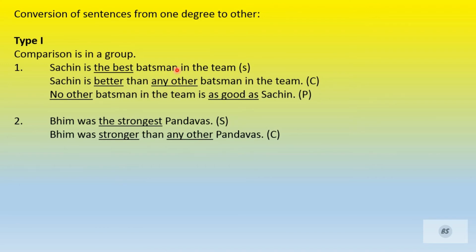Same way as we did here. What I added is any other, so that I compare with one person. Positive degree will be: No other Pandava was as strong as Bhim. Strong, stronger, strongest. I changed the adjective, and also these words, so that the meaning does not change. So these changes you have to keep in mind. That is why I have underlined them.